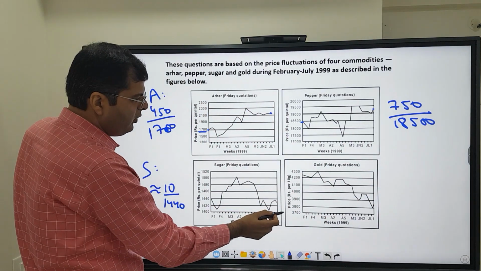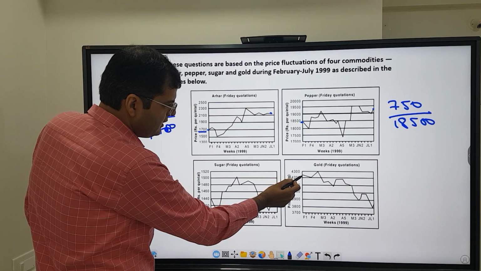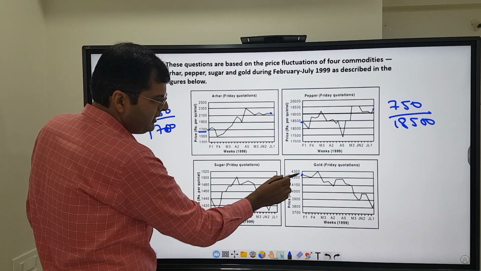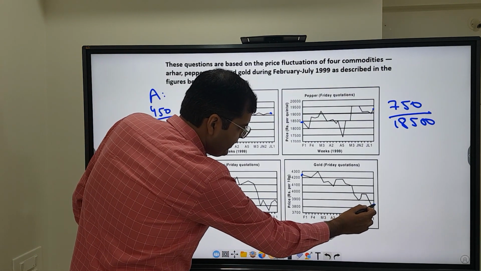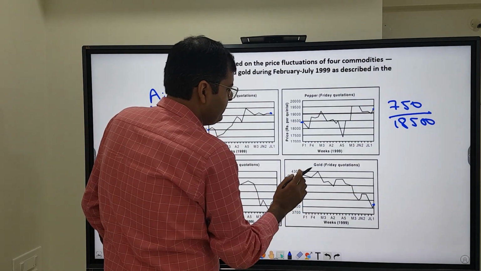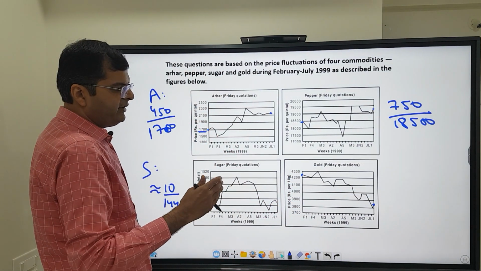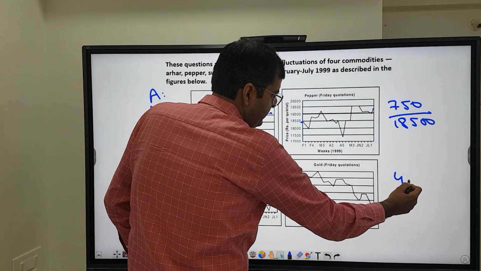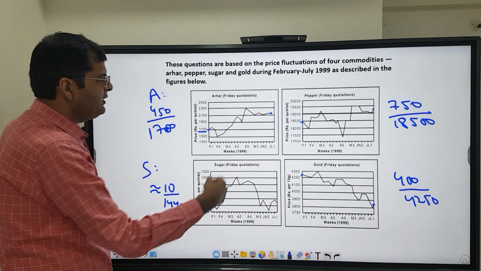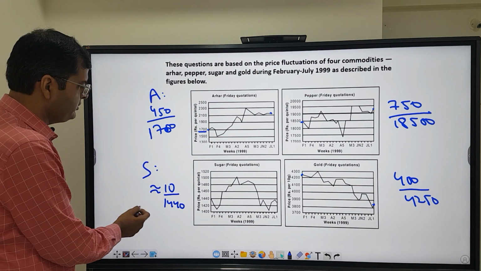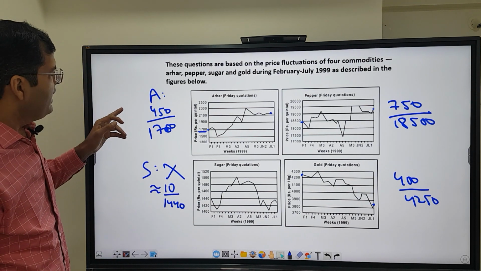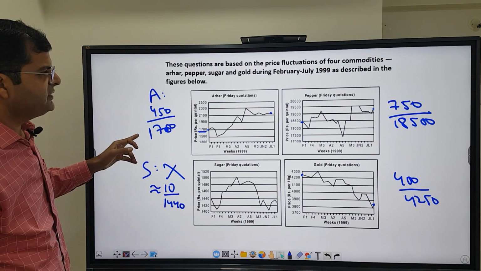For gold, you start at let's say 4250, because it is between 4200 and 4300, and you end just above 3800, let's say 3850. So the change is almost 400 and the starting point is 4250. Now sugar is almost equal to 0, so it is definitely ruled out. The highest has to be 450 upon 1700.